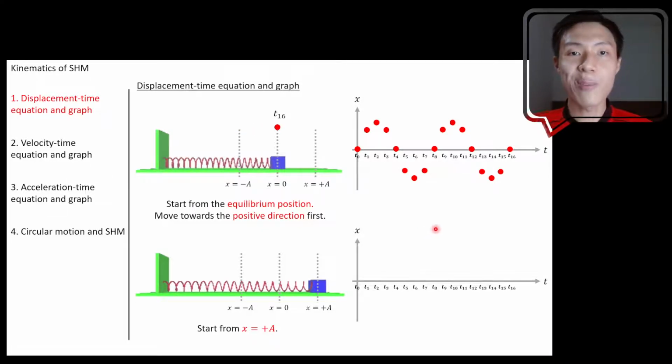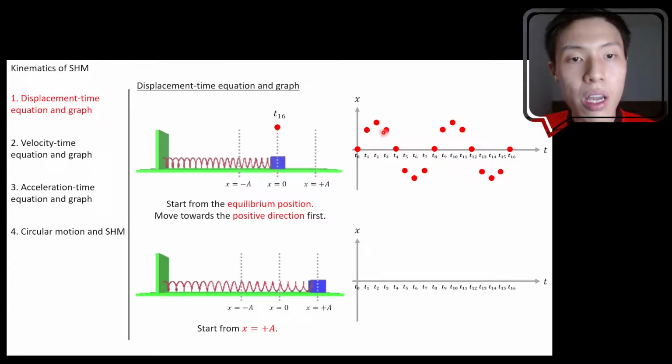Okay, so basically this is what a displacement time graph tells you. It tells you at each different moment where the object is, whether it's somewhere far away from the equilibrium position, or on the equilibrium position, or somewhere in between the amplitude and the equilibrium position, let's say somewhere around here.